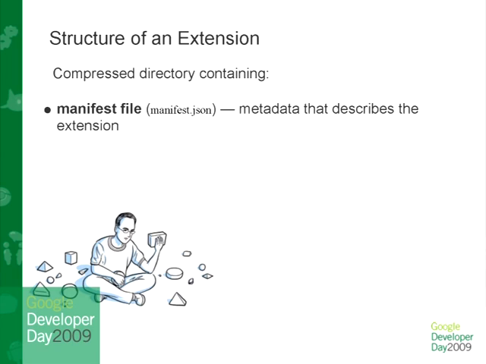So an extension, a Google Chrome extension, is simply a compressed directory that has a number of web files in it. The one file that every single extension has to have is a manifest file. And I mentioned earlier in terms of security, where you specify your capabilities and such, this is where they go. So in addition to having to have this one file, this file also has to have a particular name, which is manifest.json.